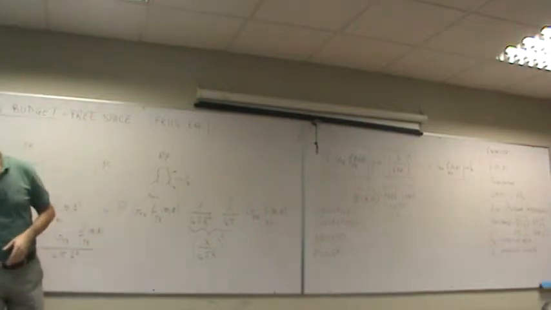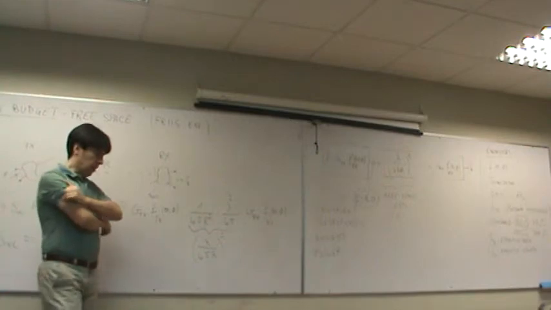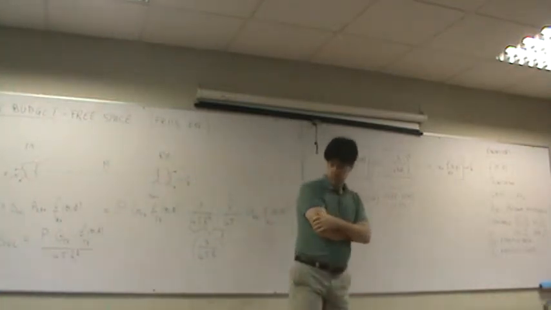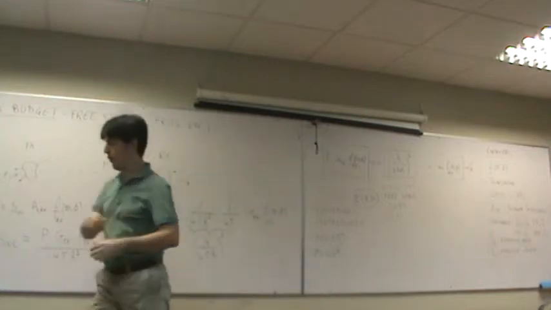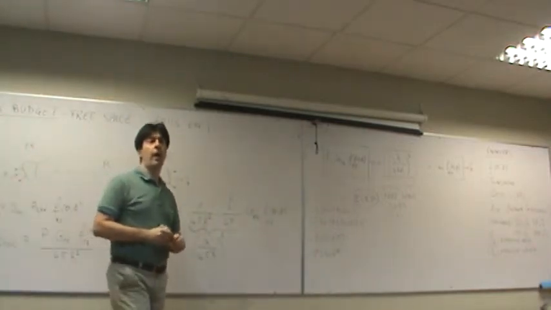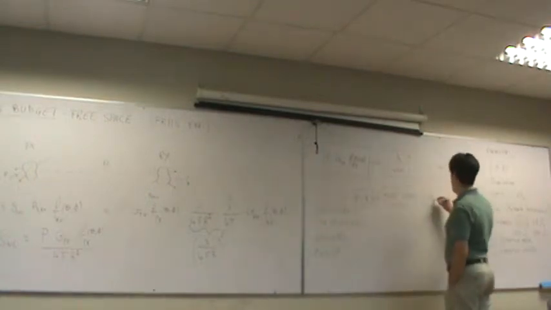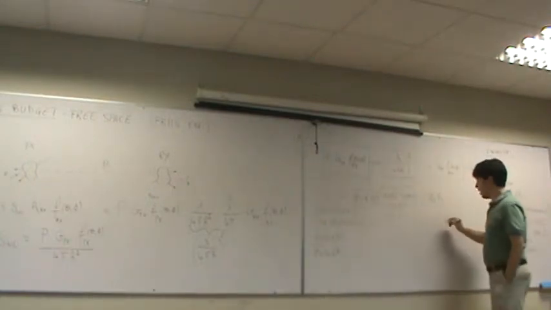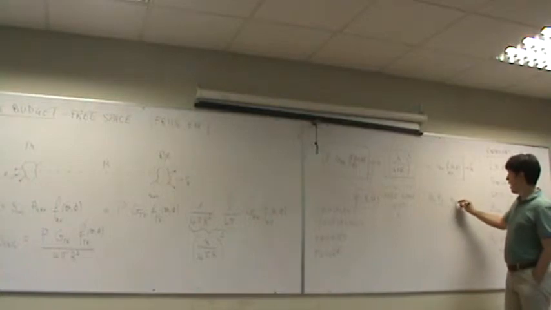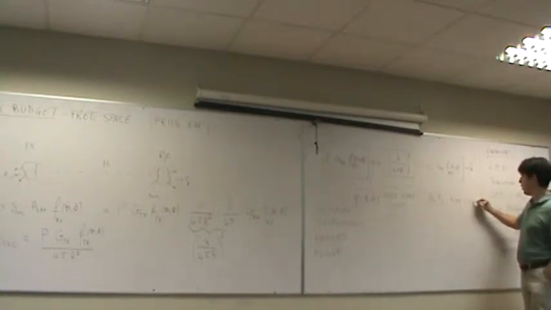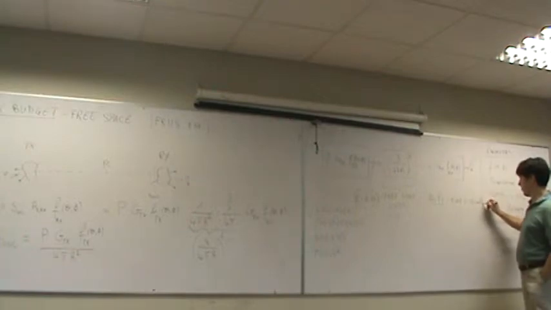For example, in Italy, in Wi-Fi, if you have a Wi-Fi access point, by law the EIRP must be less or equal to 100 milliwatt.